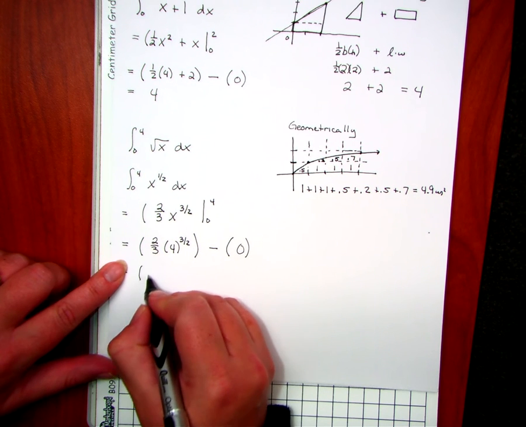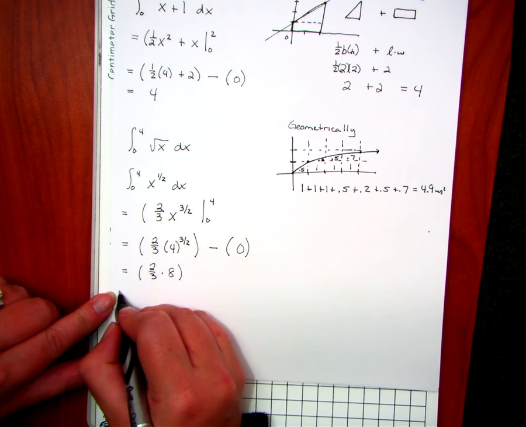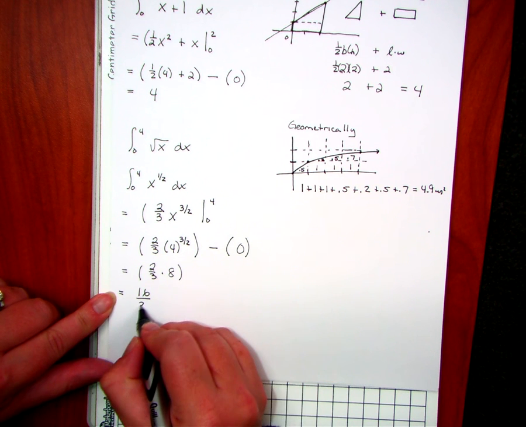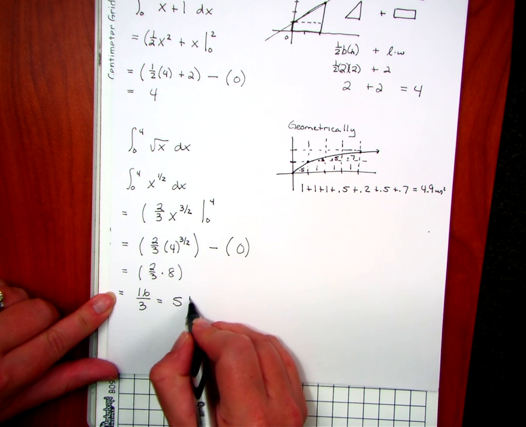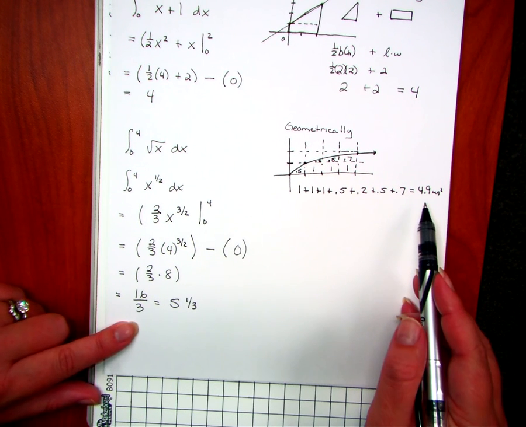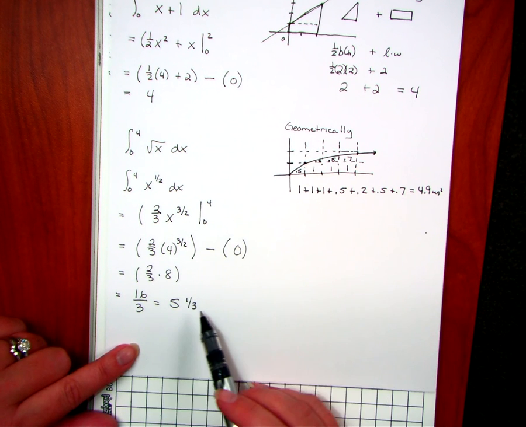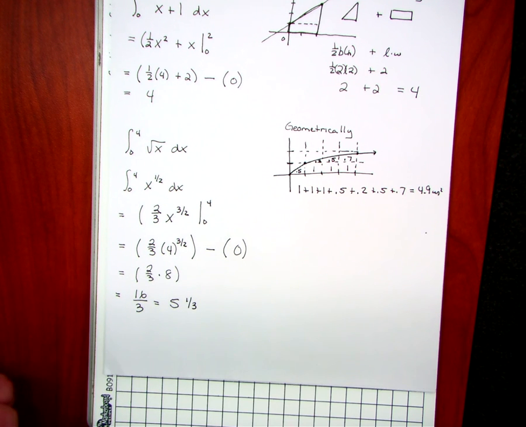Right? So I'm going to get 2/3 times 8, which is basically 16/3. Right? 5 and 1/3. So the actual area was 5.333, so I was off by a bit, but as you can kind of see the correlation there.